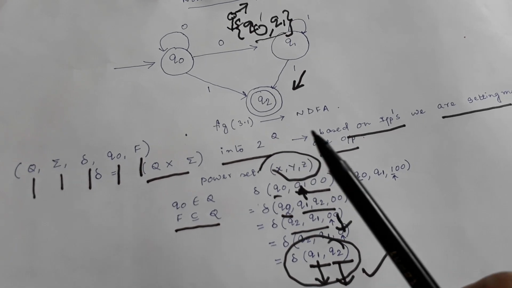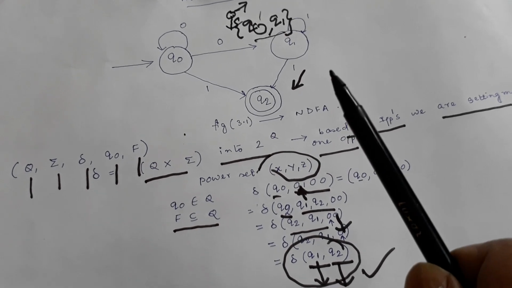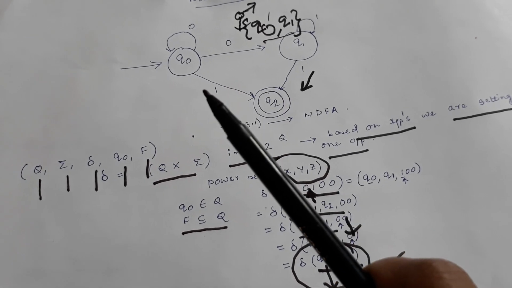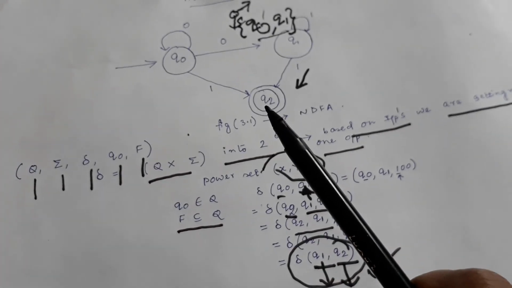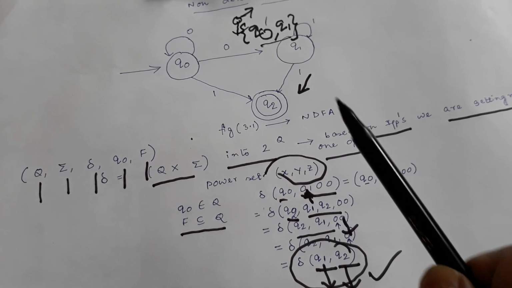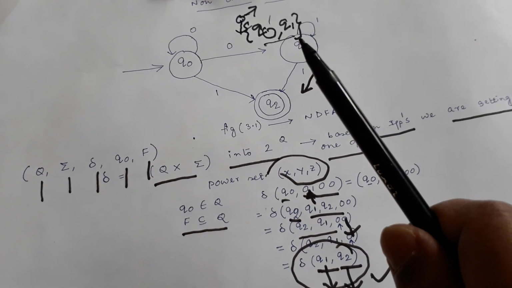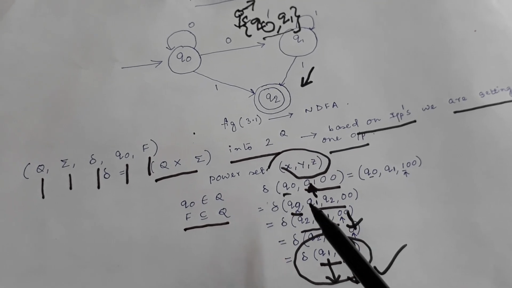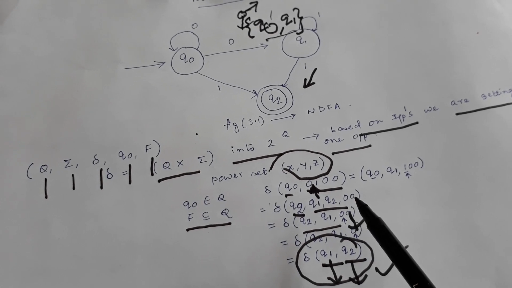See, in this case, q0 on 1 means we have q2. And q1 on 1 means we have q1 and q2, and the rest of the string is 0 and 0.